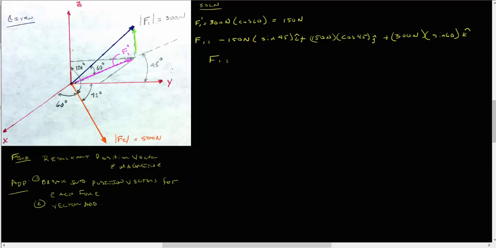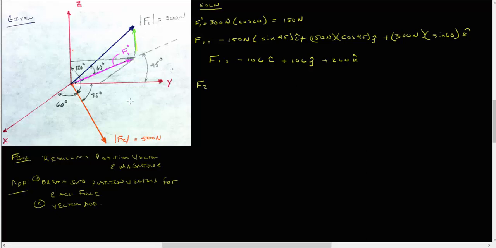So using my calculator, I come up with negative 106 in the i direction, plus 106 in the j direction, plus 260 in my k direction. The key to this is to find this f prime. Once that f prime is found, it's a lot easier to solve for.